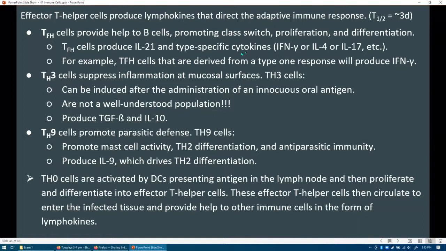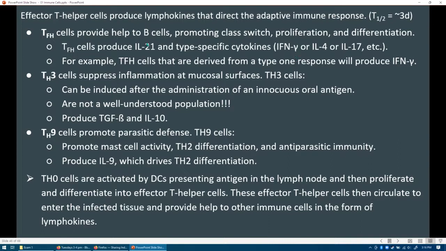So in the event of a promotion of the type 1 response, like a Th1 response, they're going to be making interferon gamma. In the event of a Th2 response, they'll be making IL-4. In the event of a type 3 response, they'll be making IL-17. So they're going to make IL-21 and then one of the other type-specific cytokines, probably more than one.